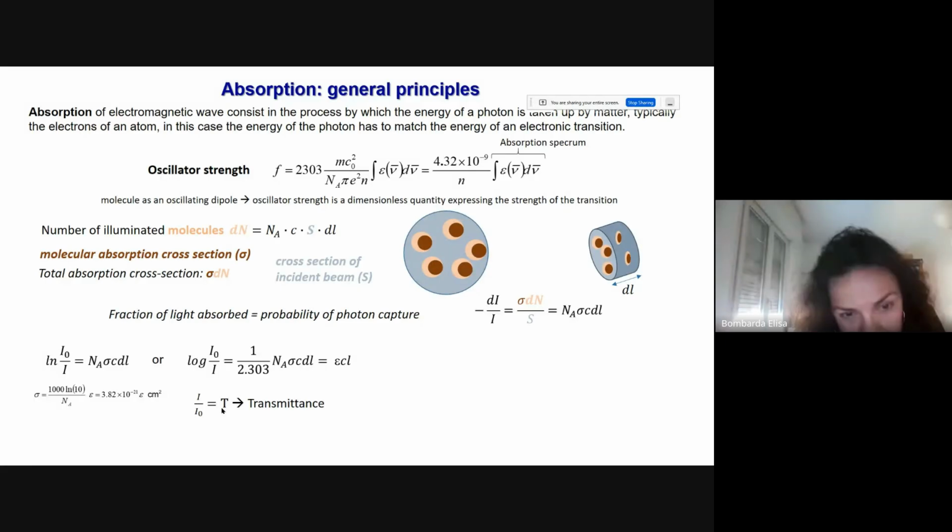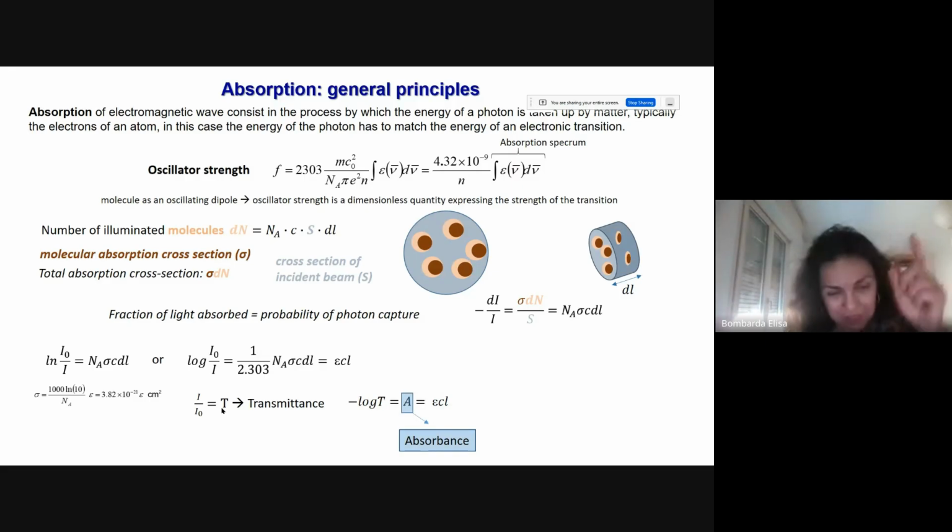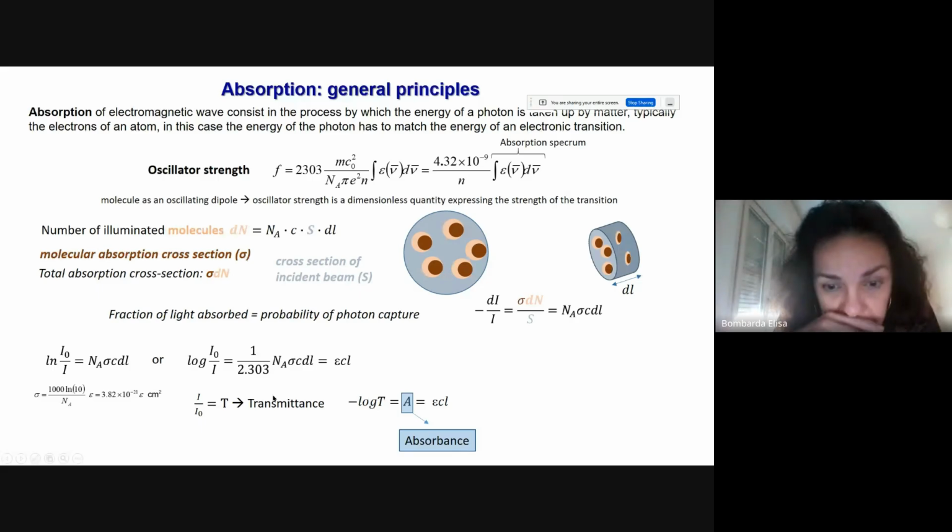Of course, we are not interested in transmittance, even if transmittance is what is measured. And we define absorbance as the minus logarithm of T. So then it's this quantity here: minus logarithm of T, inverting the argument, E and E0.